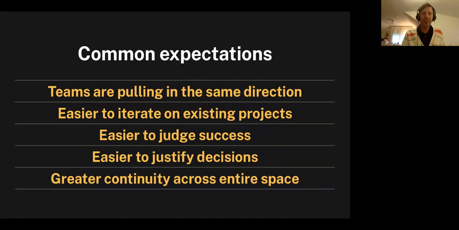And it also sets common expectations. Teams are pulling in the same direction. Teams across agencies, within agencies, are pulling in the same direction. That's easier to iterate on existing projects. Using the design system on a project makes it easier to judge the success of your project. And it makes it easier to justify your decisions to those whom you need to justify your decisions.